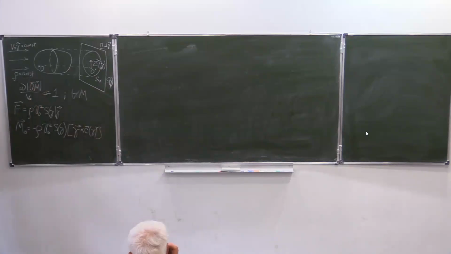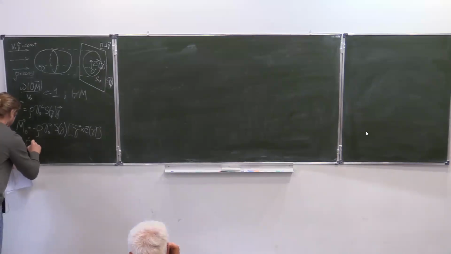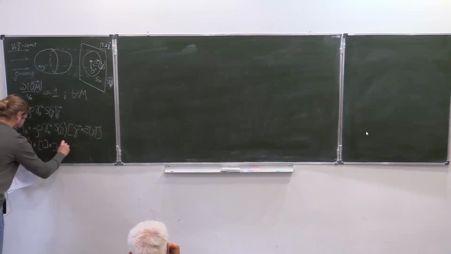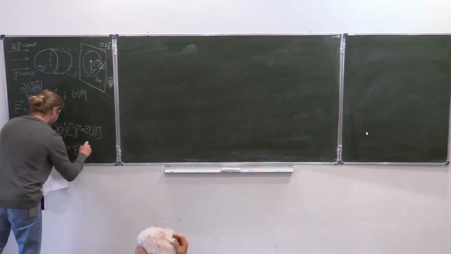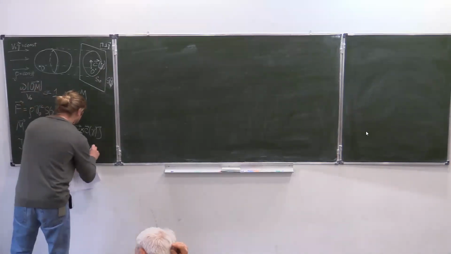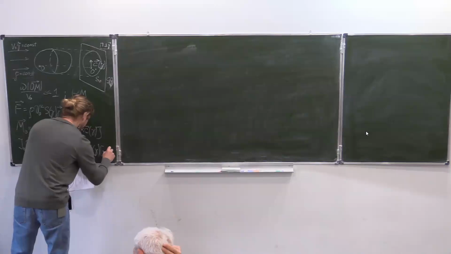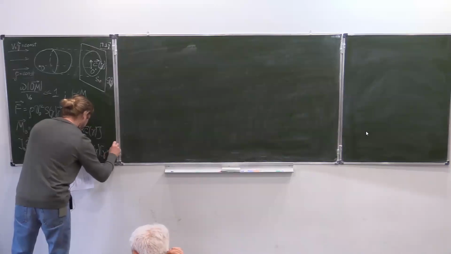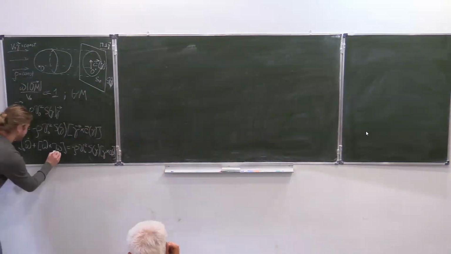And then we can write down the equations of motion of the body, where J is the diagonal tensor of inertia of the body relative to the point O.